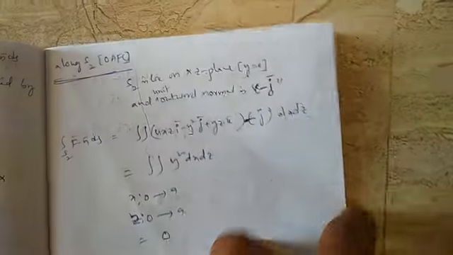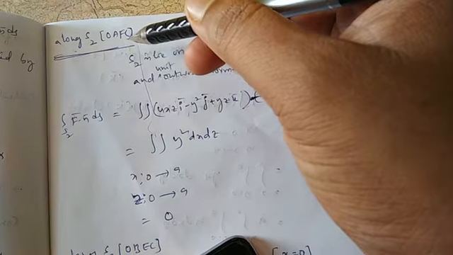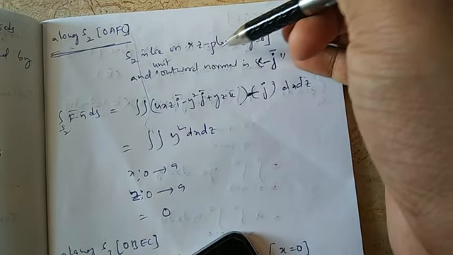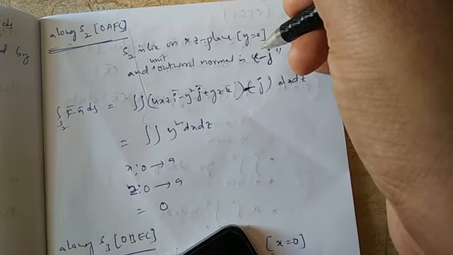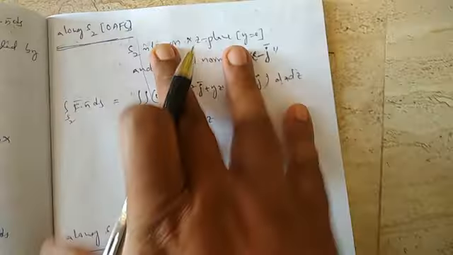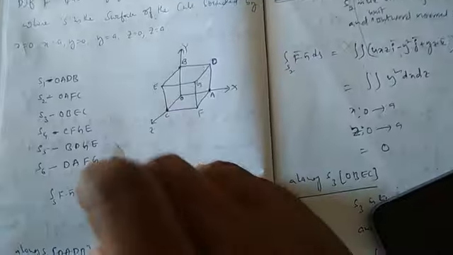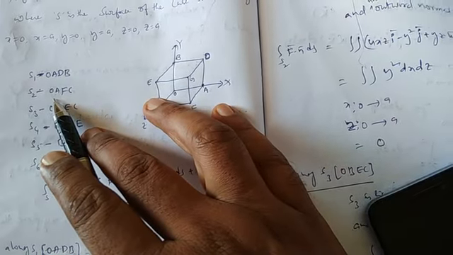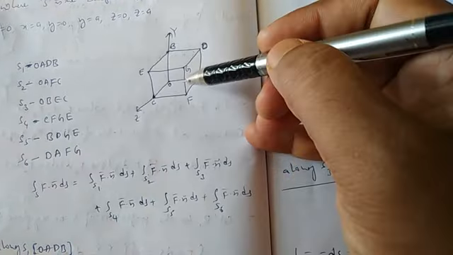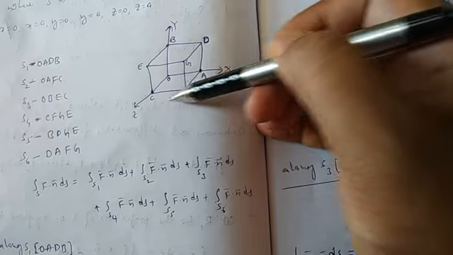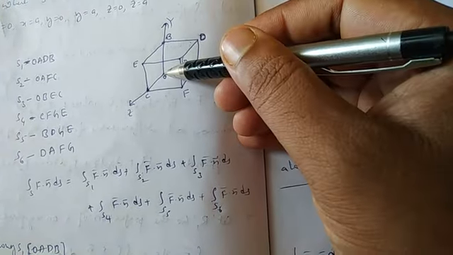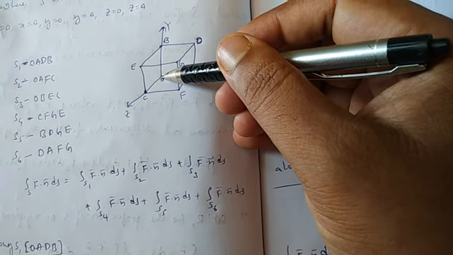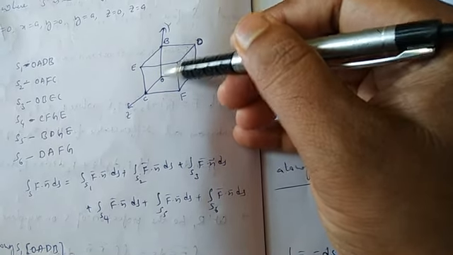Now next along S2, OAFC lies on the xz plane where y equals 0, right? Unit outward normal: plus j is an inward normal.